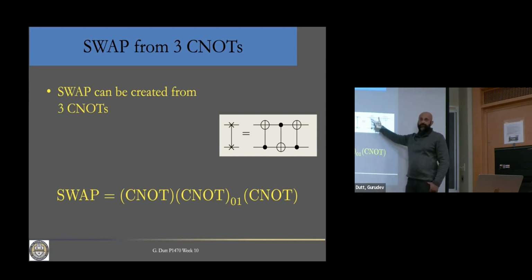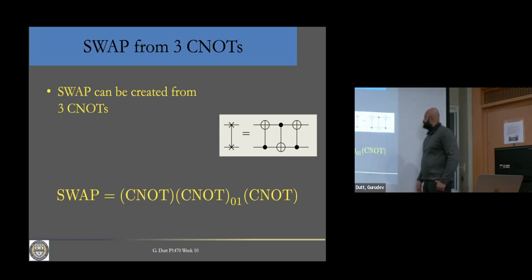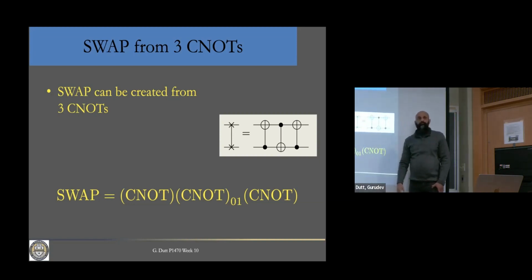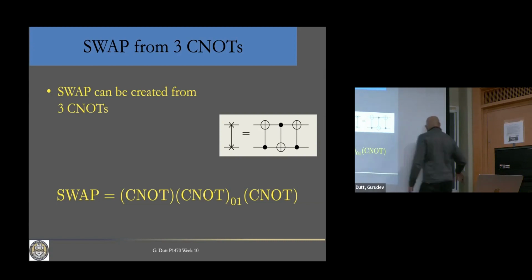This is regular CNOT, CNOT 1, 0: the left qubit is the control qubit, the right qubit is the target qubit. And then we have CNOT 0, 1: the right qubit is the control, the left qubit is the target. And then the last step again is a CNOT. So it's right to left. It reads the same as this direction. Again, it's somewhat symmetrical, so it probably didn't matter in this case, but you could imagine it will matter.